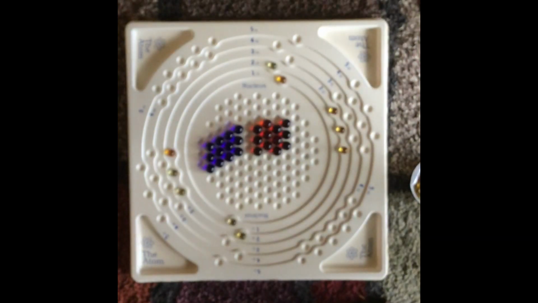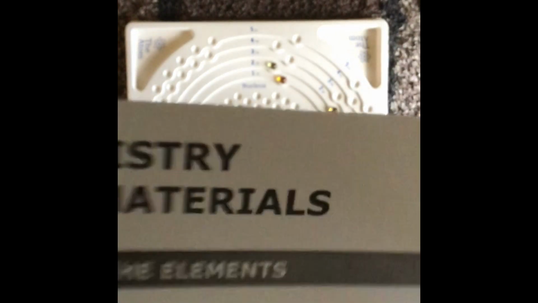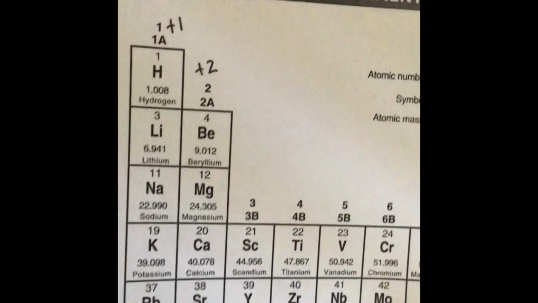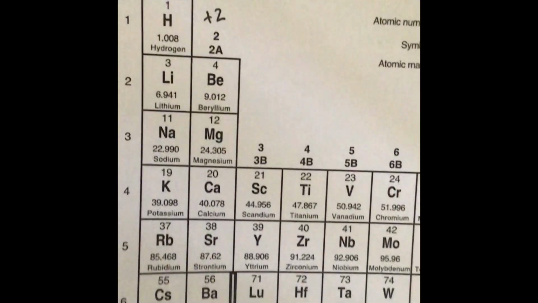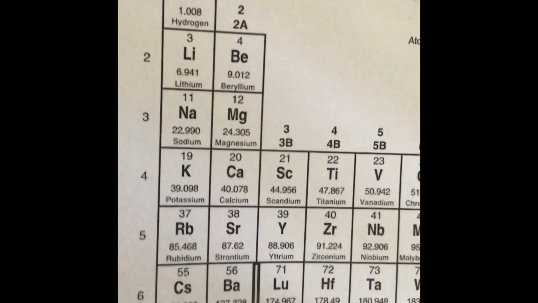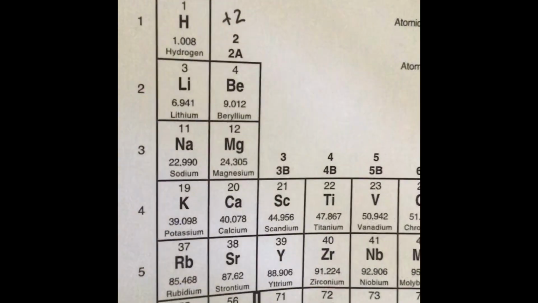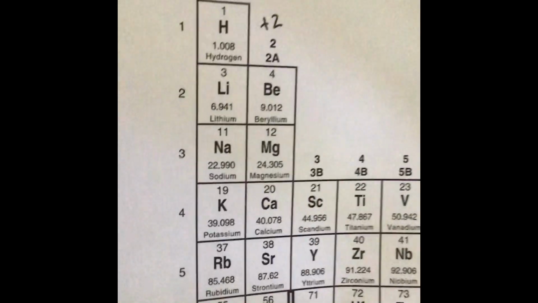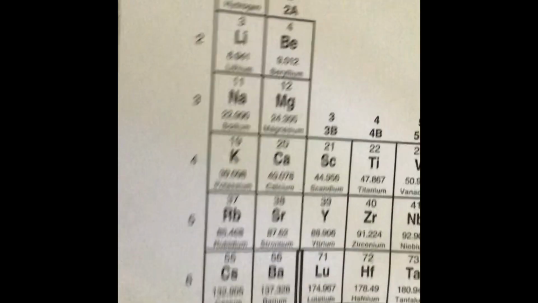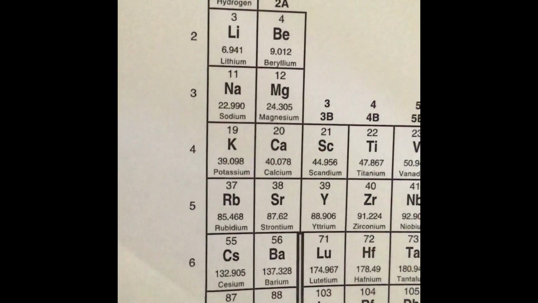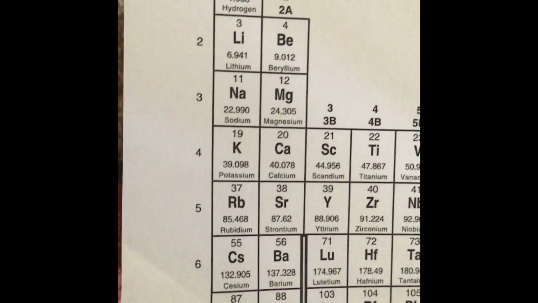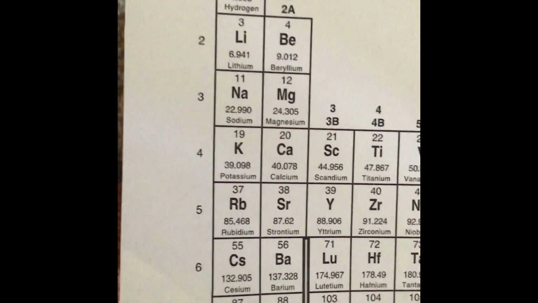In fact, all of the elements in group 2, beryllium, magnesium, calcium, strontium, barium, and radium, are all going to form +2 ions. They all have 2 valence electrons. They will lose 2 valence electrons to form a +2 ion. Okay?